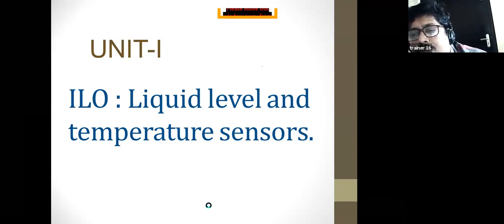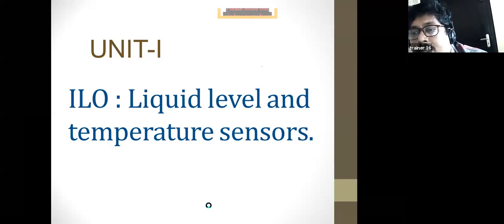So today we discussed liquid level and temperature sensors. For liquid level, we discussed the float or bob, which is placed on the surface of the liquid whose level in a tank has to be measured.